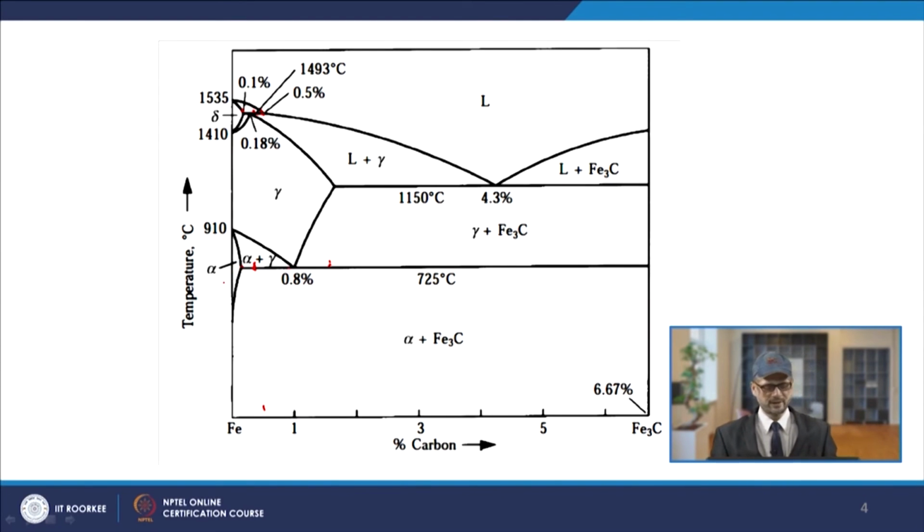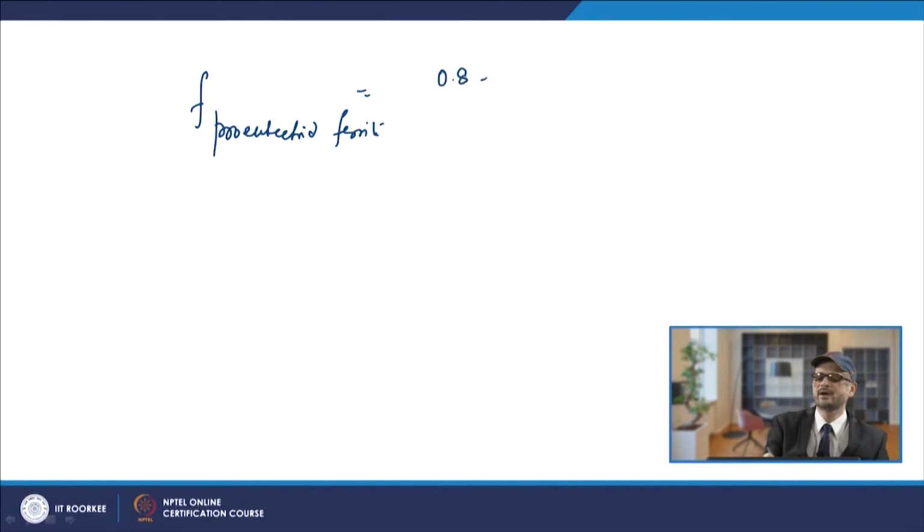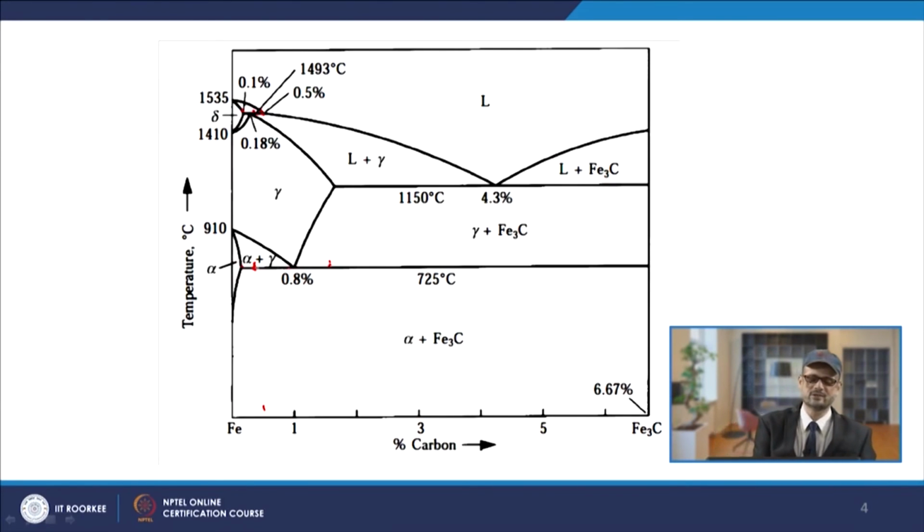Roughly, if you calculate that, the proeutectoid ferrite will be 0.8 minus 0.2, because 0.8 is on this line, divided by 0.8 minus 0.02 or so.